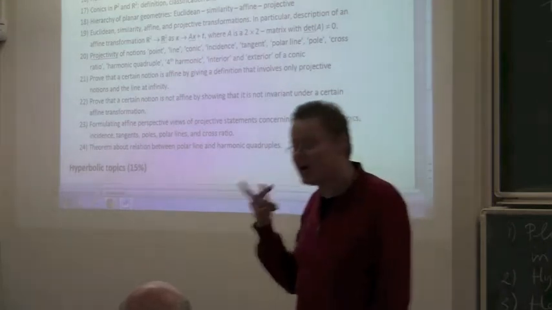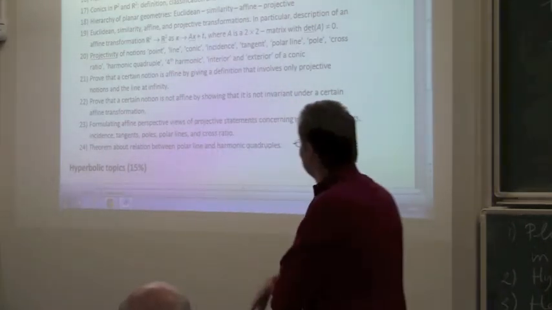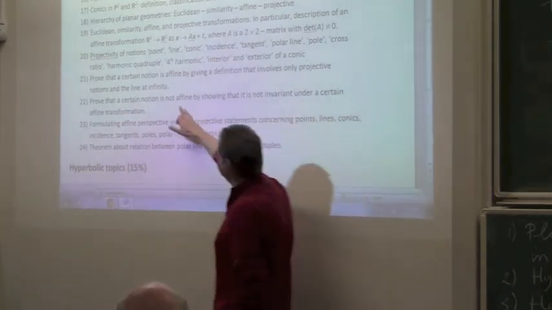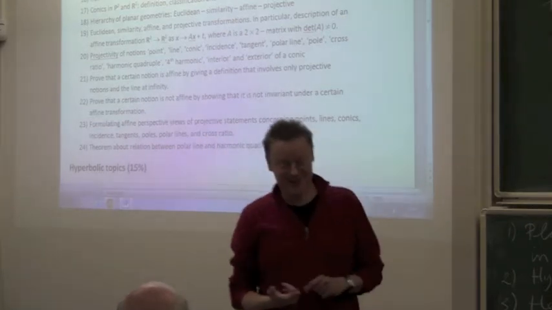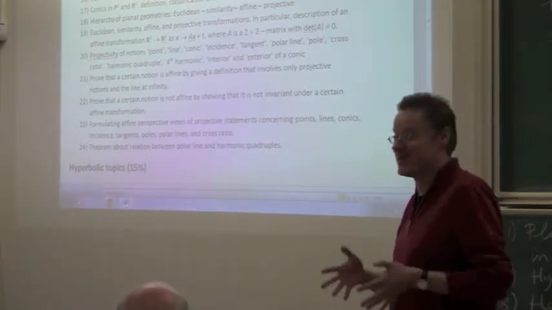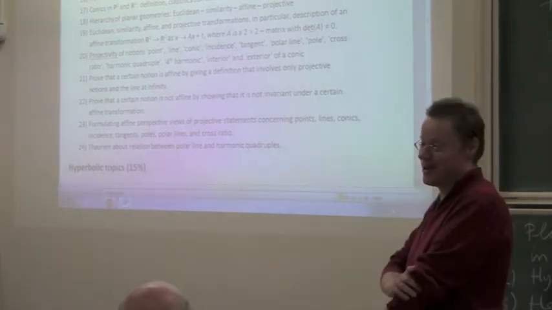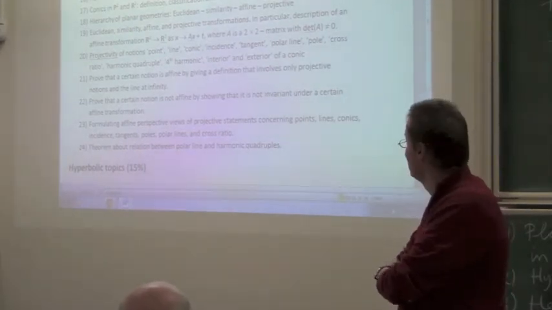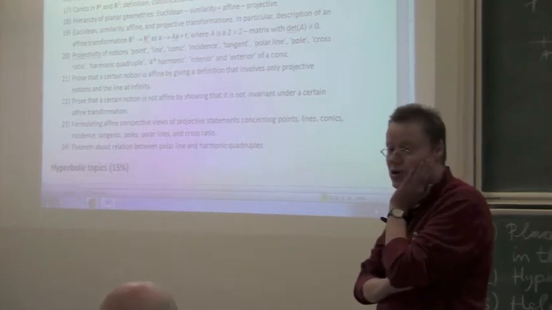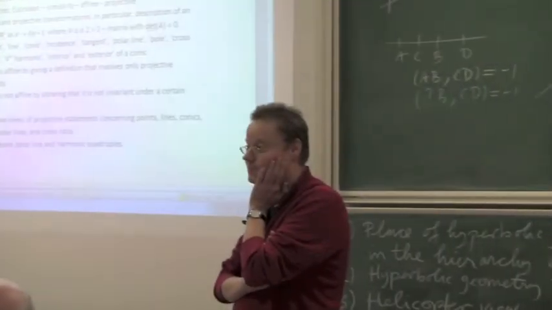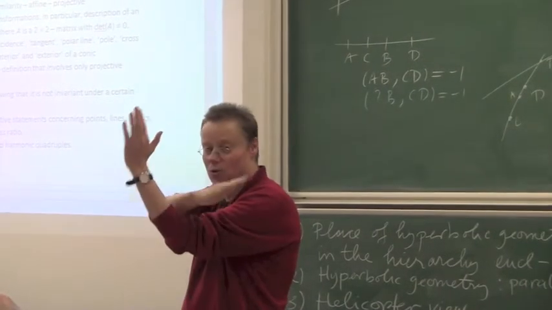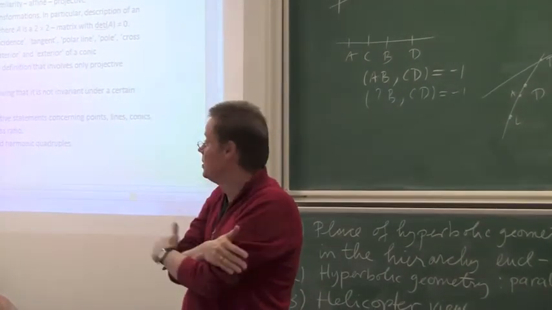Oh, yeah. Okay, thank you very much. I didn't read it properly. Something important: showing that something is not affine by showing that it is not invariant. Well, we did that. Look, for example, at the notion of a right angle, orthogonal lines.